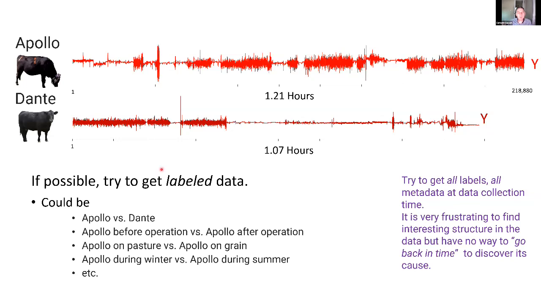We might also have labels that some data comes from Apollo before an operation, and some of the data comes the next week after the operation, or some data is one control, like Apollo on pasture versus Apollo on grain, and so forth. So just try to get all the labels when you collect the data, including when you collected it, was it warm or cold, was it sunny or overcast? Basically, any bit of metadata you can get should be recorded, because a year later when you're analyzing this data, you really might want to know some conditions that existed.